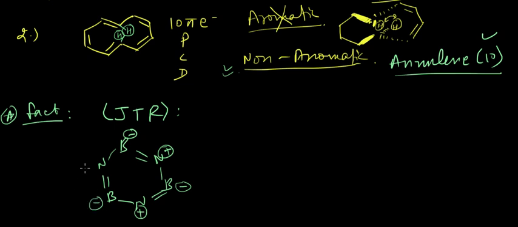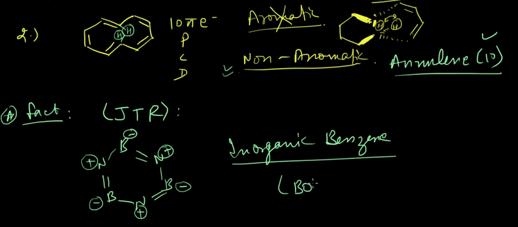So this is what is called inorganic benzene or borazole. Okay, and resonance actually takes place from bond to bond, double bond conjugation takes place. So this is called inorganic benzene or borazole.